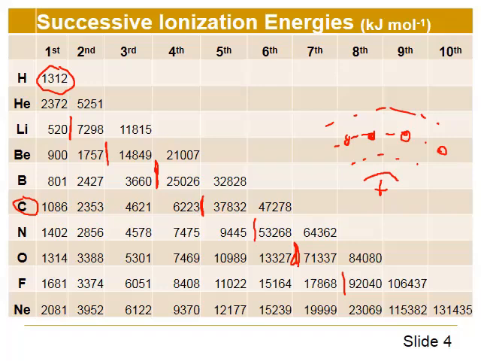Therefore, oxygen had 6 valence electrons. So notice you can tell how many valence electrons an atom has by looking for that large jump in ionization energy. Fluorine, the large jump occurs after the 7th ionization energy. Therefore, fluorine has 7 valence electrons.